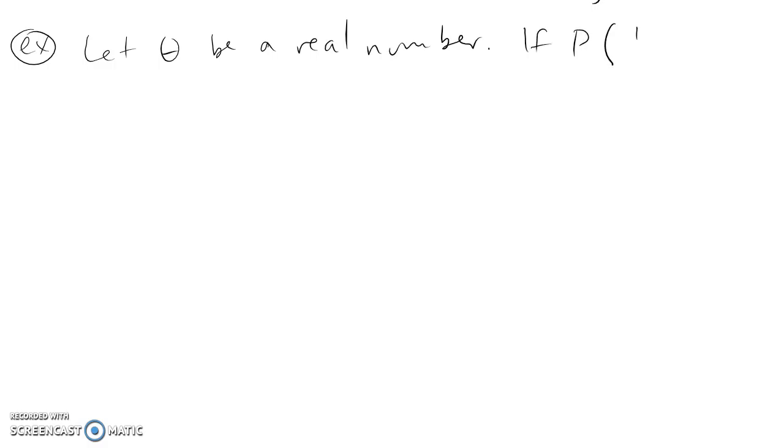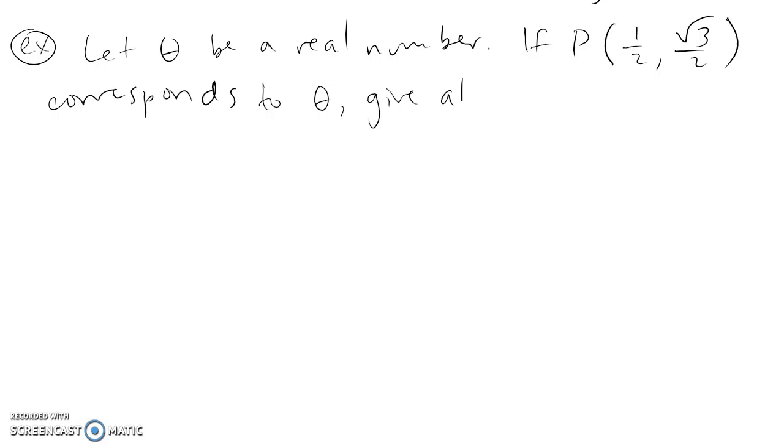If we have a point P that's 1/2, square root of 3 over 2, that corresponds to theta, and when I say corresponds, I mean what we said earlier, we're going to give all values of the 6 trig functions that we defined earlier based on those definitions. Notice that we're not ever going to find out what theta is. This is kind of a trend. You don't always have to know theta to be able to talk about its trig values.